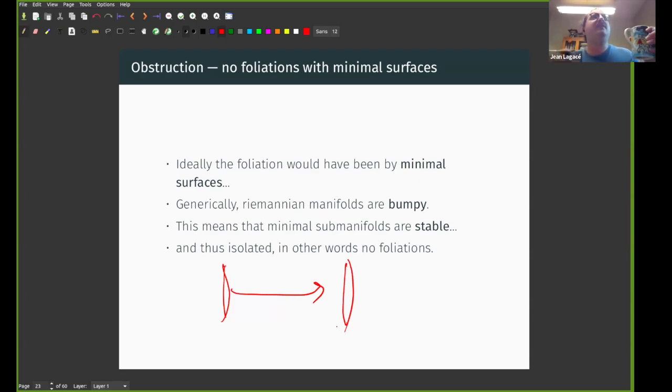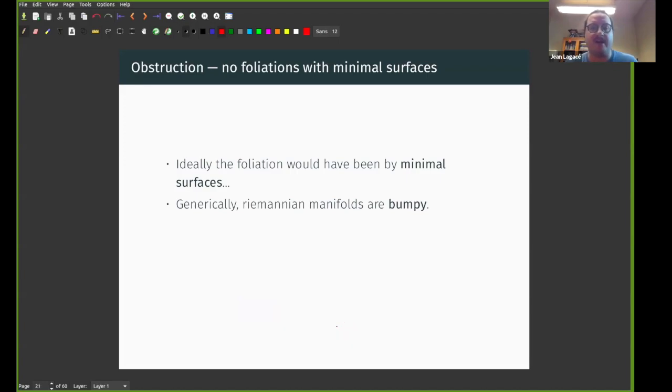And basically, the really important contribution of this theorem is that the constant mean curvature condition is sufficient to obtain that foliation.